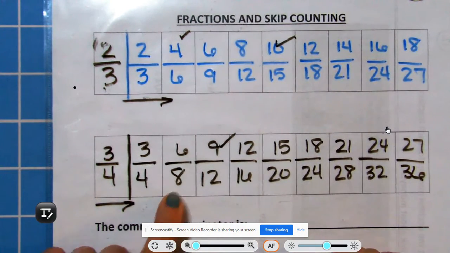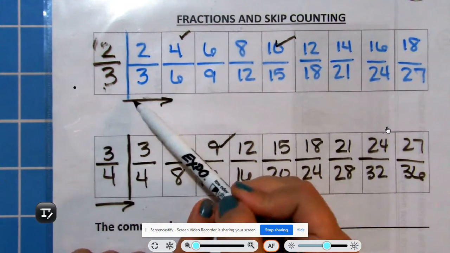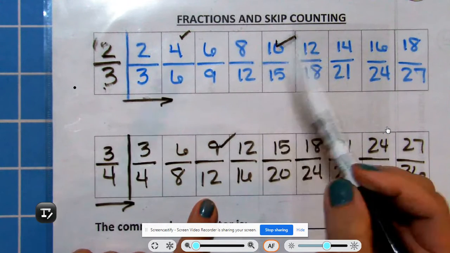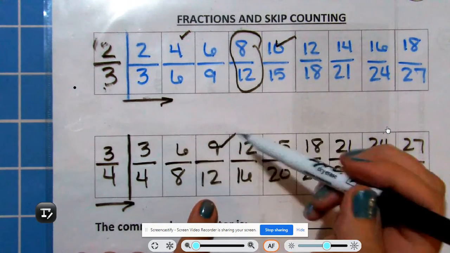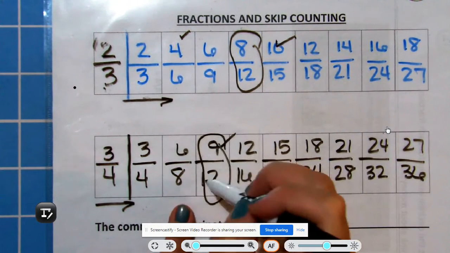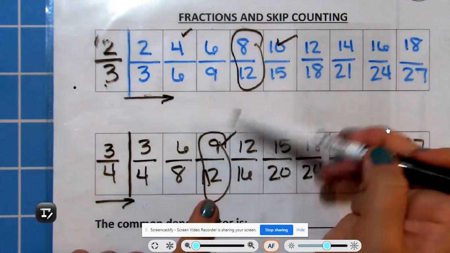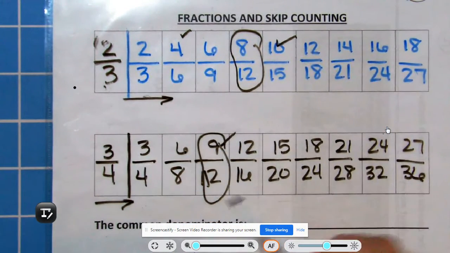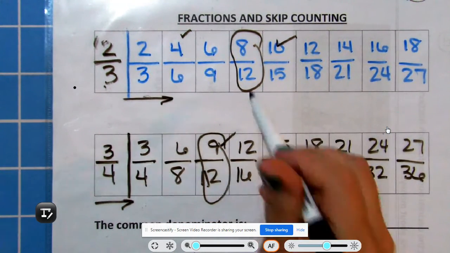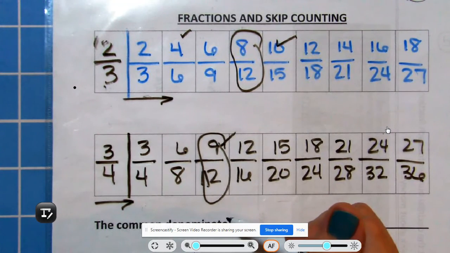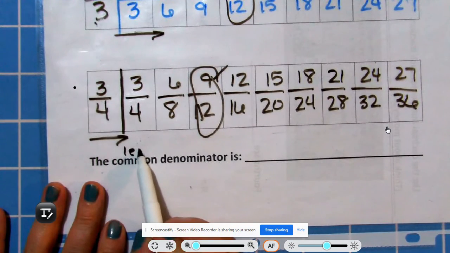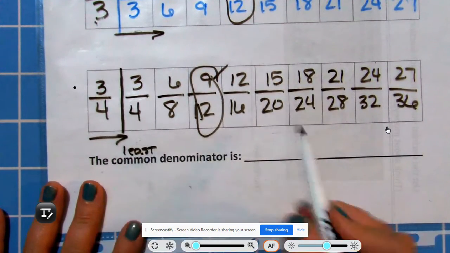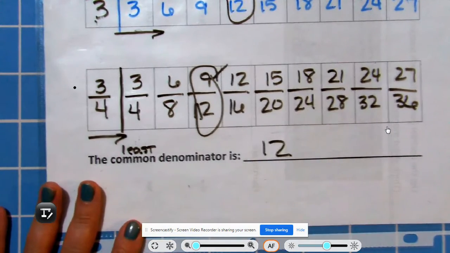No. We have 12. Do we have 12 as a denominator here? Yes. So if we were adding 2/3 and 3/4, we could use their equivalent fractions with the like denominators in order to solve that problem. So the least common denominator would be 12.